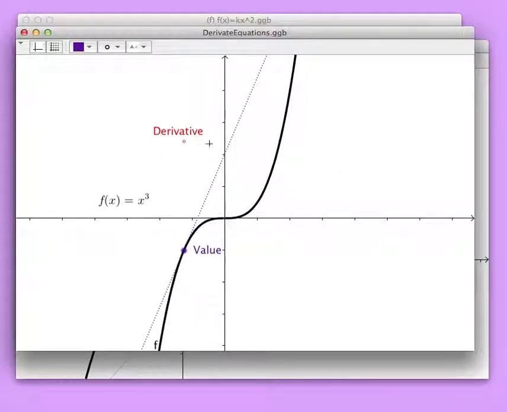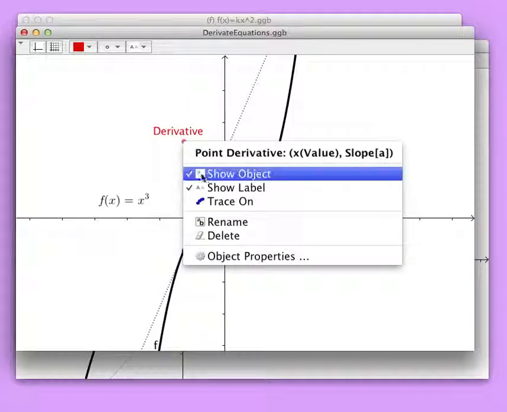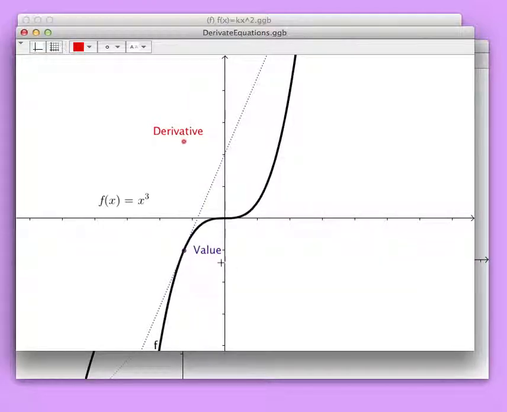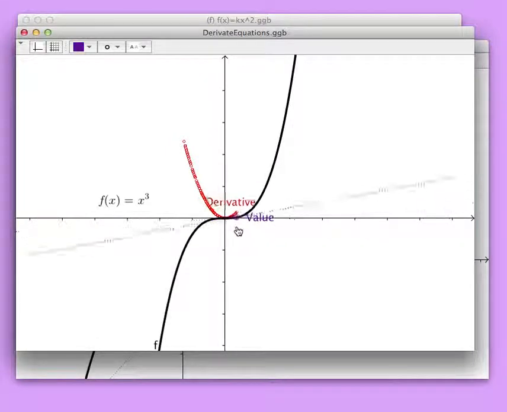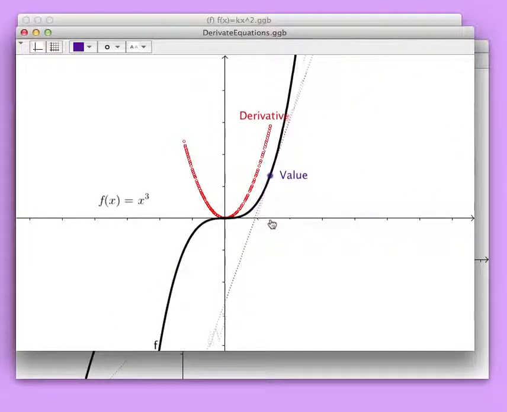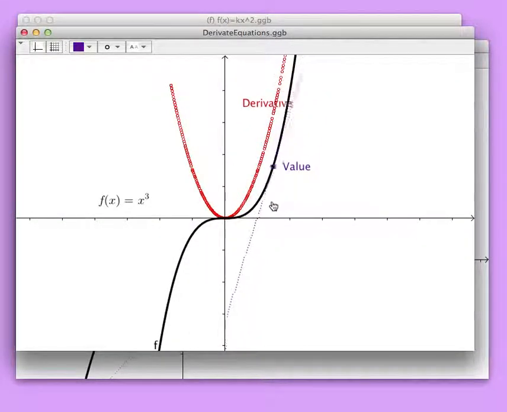All right, so let me see if I can do this here quickly for you. I'm going to put trace on this point, and we're going to watch to see what this pattern in the derivatives is. You notice here as I'm going through, my derivative is leaving sort of a trail behind it. So the red is the pattern of the derivatives as I'm going along my function. As I'm going along my function, that's the purple.